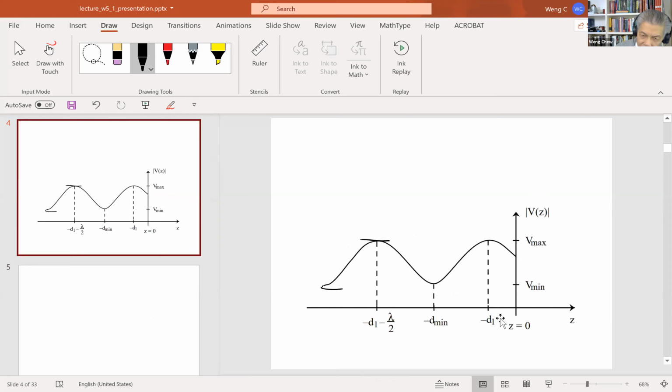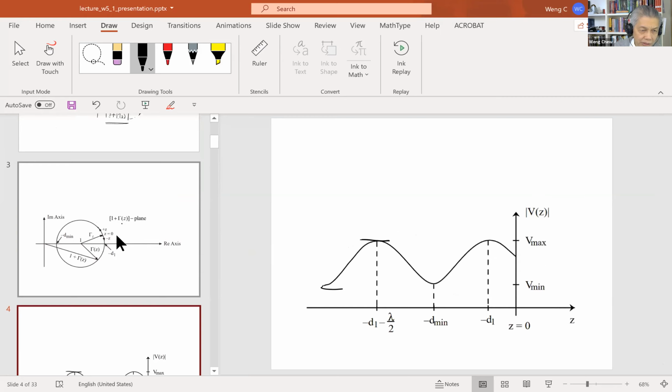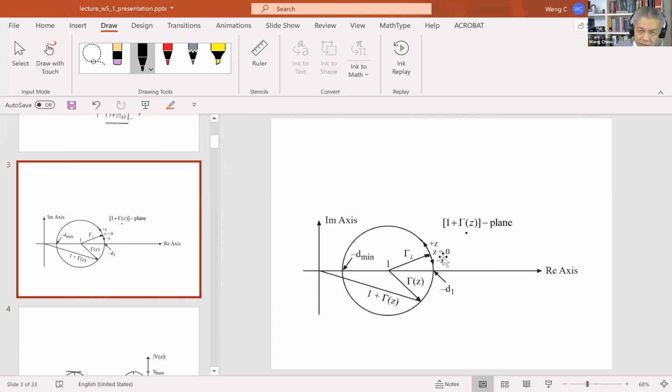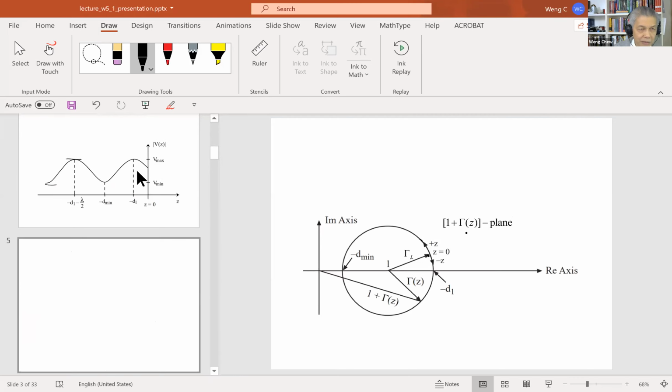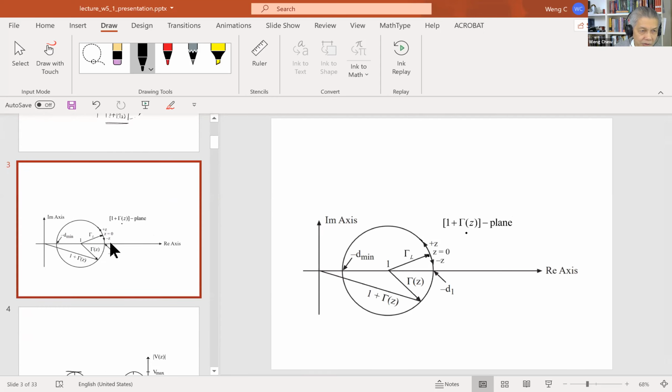And you can actually figure out the relationship of the first maximum to the minimum, and then D1, they're all related in this manner, which means that by measuring this voltage standing wave pattern, you can decide where gamma L was pointing originally in the complex plane. So by measuring this pattern, you can figure out what the phase of gamma L should be.